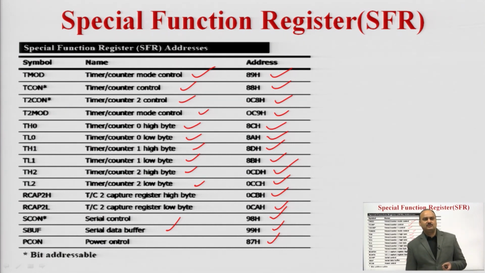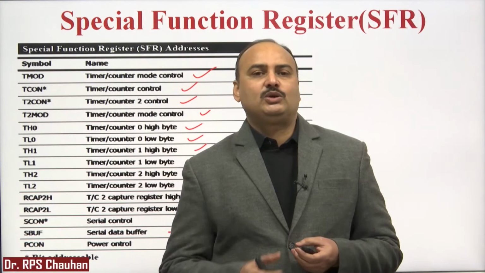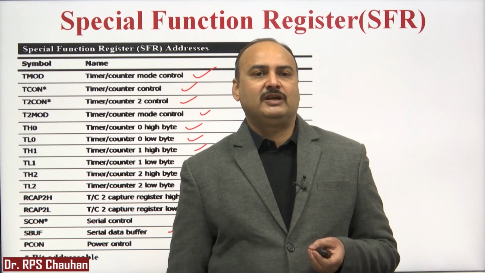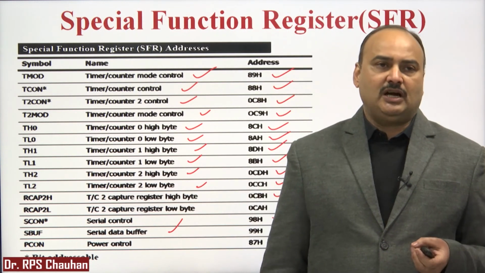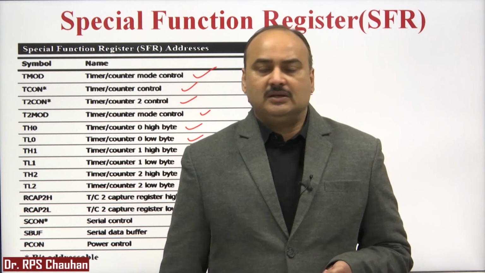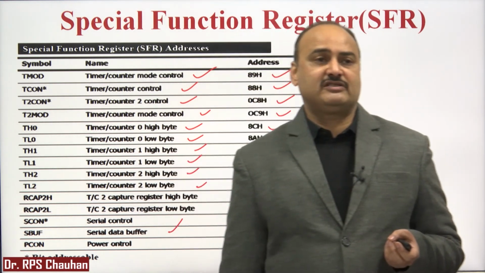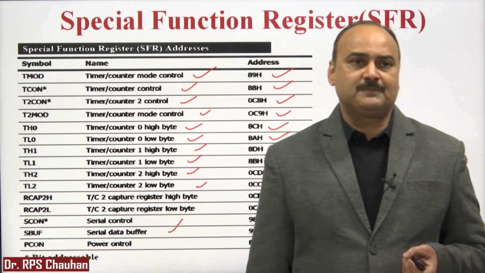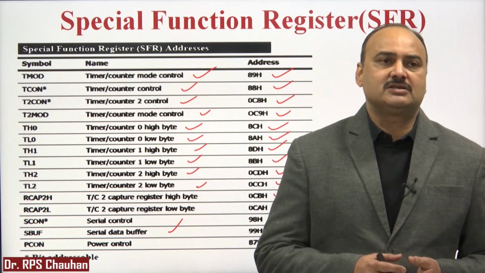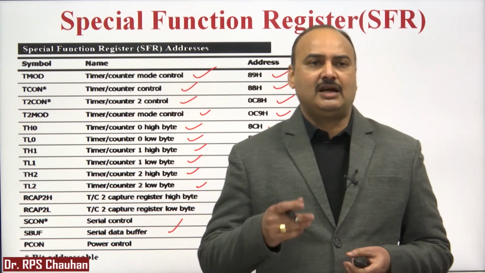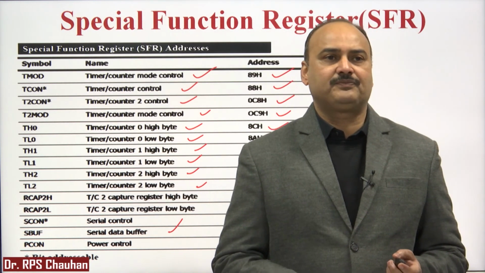Some registers are used for the timer operation. In the 8051 microcontroller, we have two timers, timer 0 and timer 1, and for communication we have two registers, that is the SCON register and the SBUF register. So, this is nothing but the special function registers of 8051 microcontroller and the addresses associated with them.